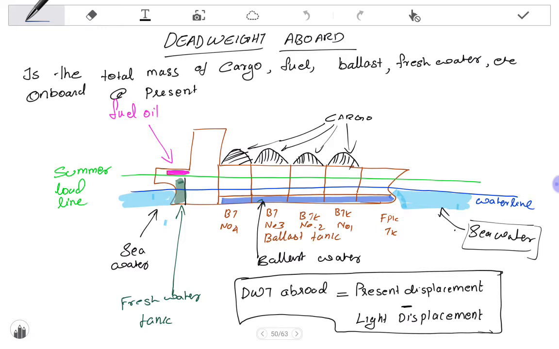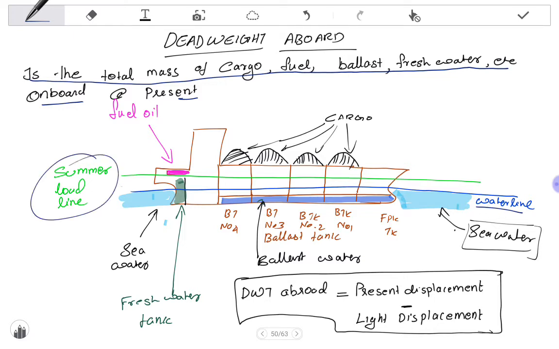Now another topic is dead weight aboard. It is the total mass of cargo, fuel, freshwater, etc. on board at present. That means the vessel is right now floating at a particular draft, and it is not at the summer load line, it is above that. At present the vessel is floating and it is having ballast water, fuel oils, fresh water, everything.